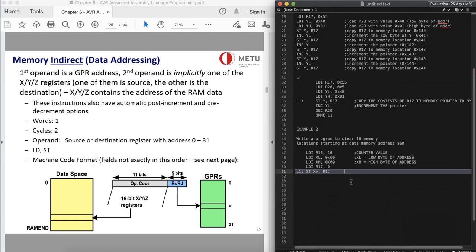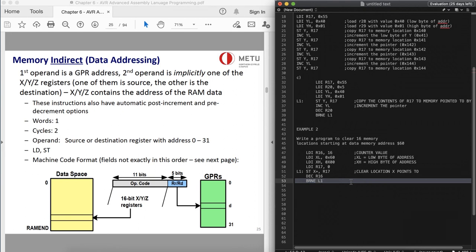automatically. So we can say that clear location X points to. Then we decrement R16, we decrement the counter, and then BRNE L1.